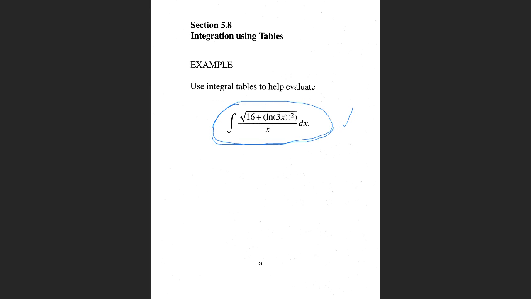I'd like you to look through your table of integrals and try to find a formula that you think might help us with this problem. Susanna? Yes. Is it generally a good strategy to do a u substitution before you start looking at the table, because it can change the way the equation looks?